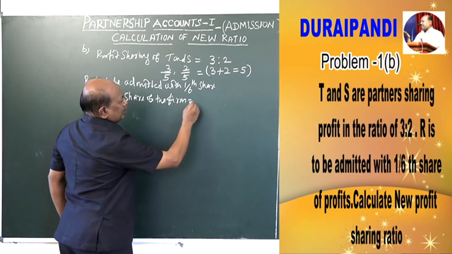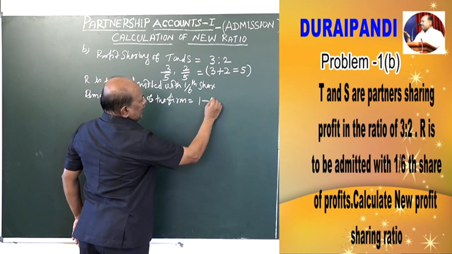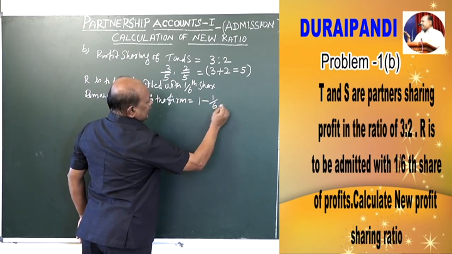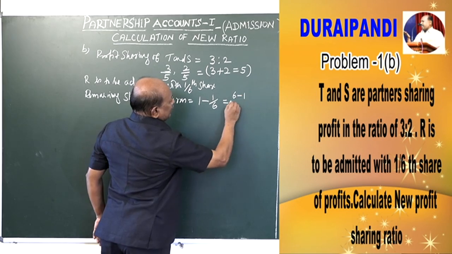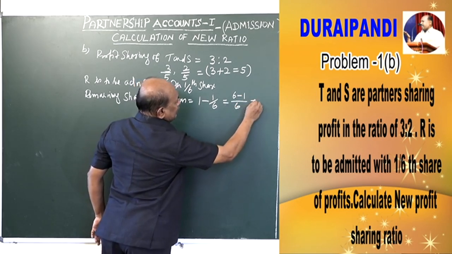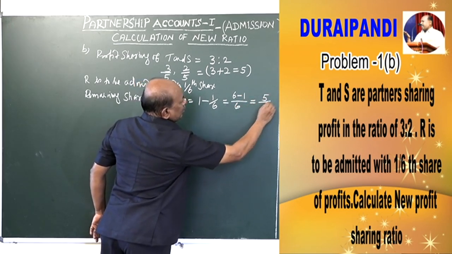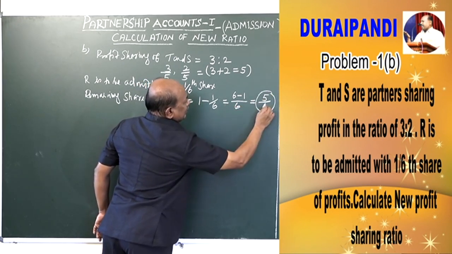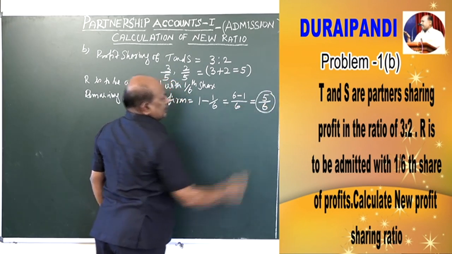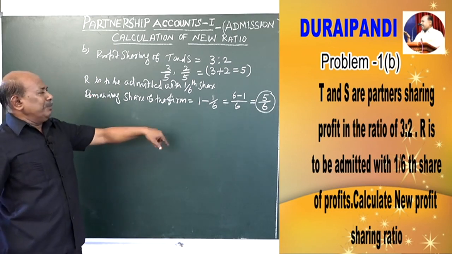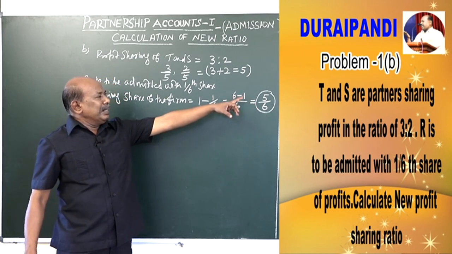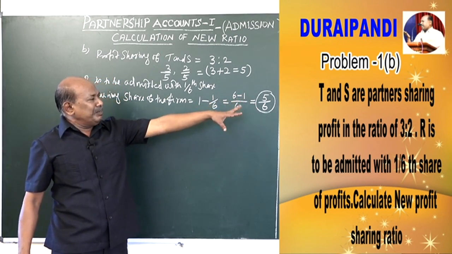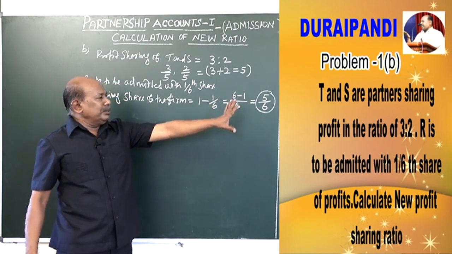1 minus 1/6, that is equal to 6 minus 1 divided by 6, which is equal to 5/6. 5/6 is the remaining share of the firm. Now the remaining share of the firm, 5/6, is to be shared by T and S in their profit sharing ratio 3:2.